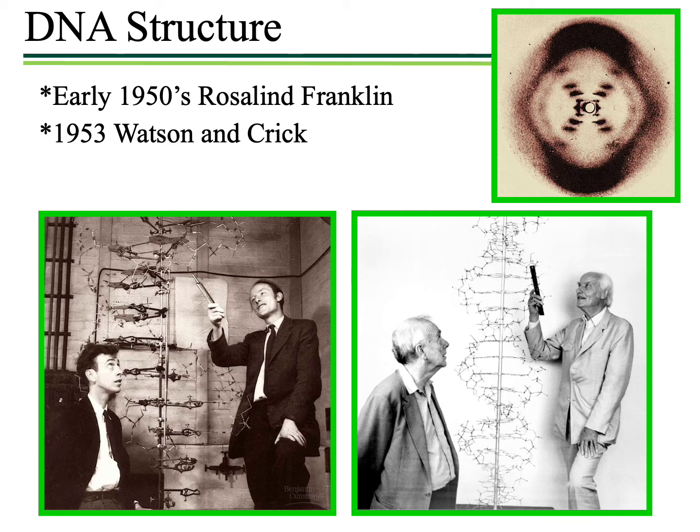Watson and Crick were given these figures, or these X-ray crystallography images, by Maurice Wilkins without Rosalind Franklin knowing. And so not only were Watson and Crick working with these models, they also had this data of Rosalind Franklin's to help them put the pieces of the puzzle together.